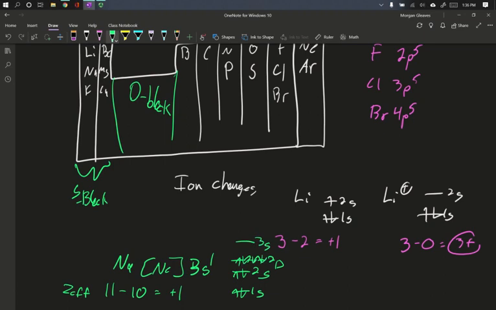So if you go down to sodium plus, which just looks like neon, I've lost my n equals 3 electrons. Now the outer edge electrons, the ones at the surface, the ones we would consider valence, are the n equals 2. There are still 11 protons, but there are only 2 core electrons. So they see +9.